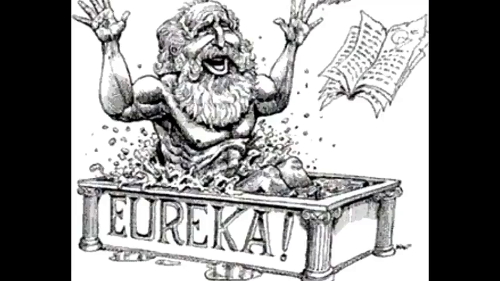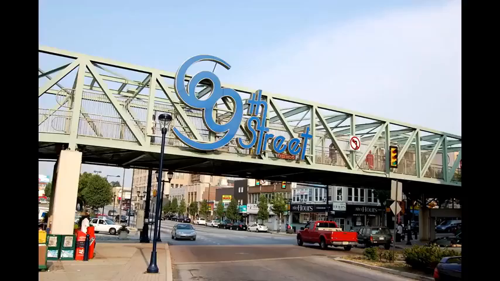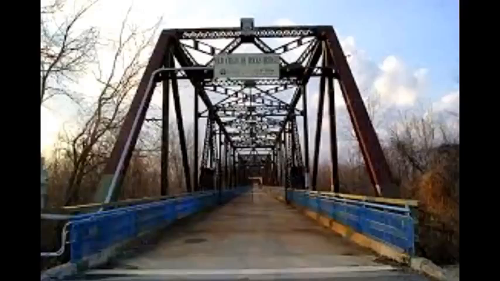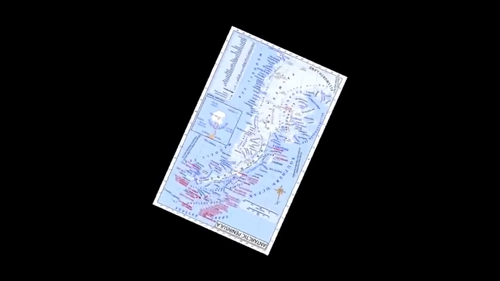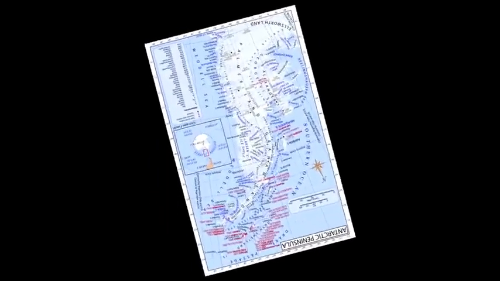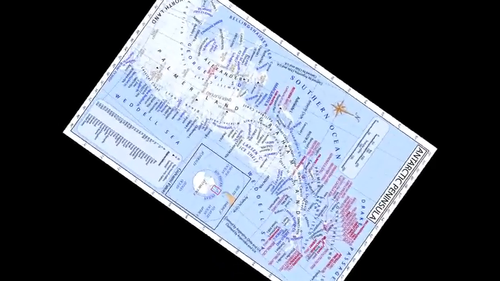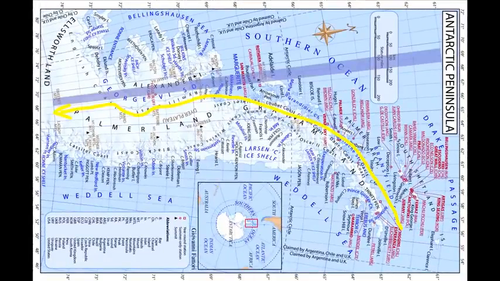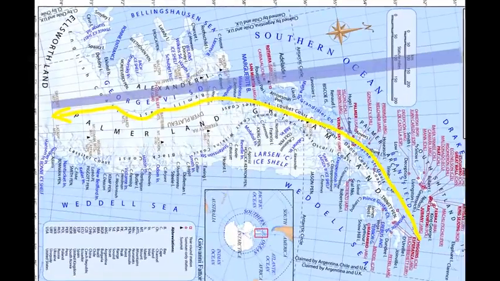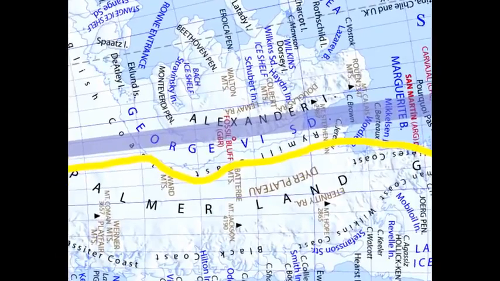Well, the moment I heard 69th Street Bridge, I knew I was onto something. Let's take the Antarctica map. 69th Street Bridge. Let's take 69 degrees. You follow the yellow brick road and it brings you to the 69th degree.